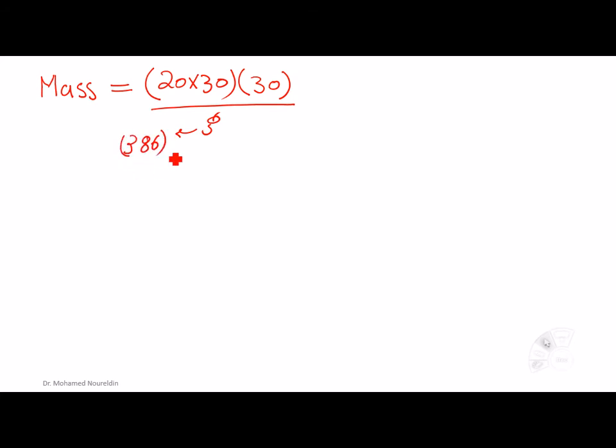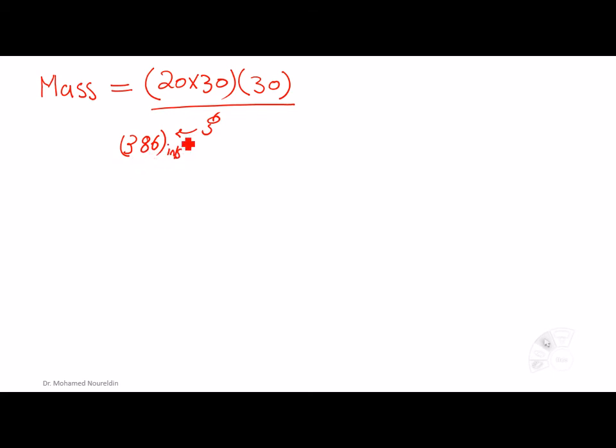So the mass is going to be the area that we have, which is 20 feet by 30 feet, times the unit weight of the area, which is already given as 30 pounds per foot squared, over G. In our case, G is going to be 386, right? This is inch per second squared.